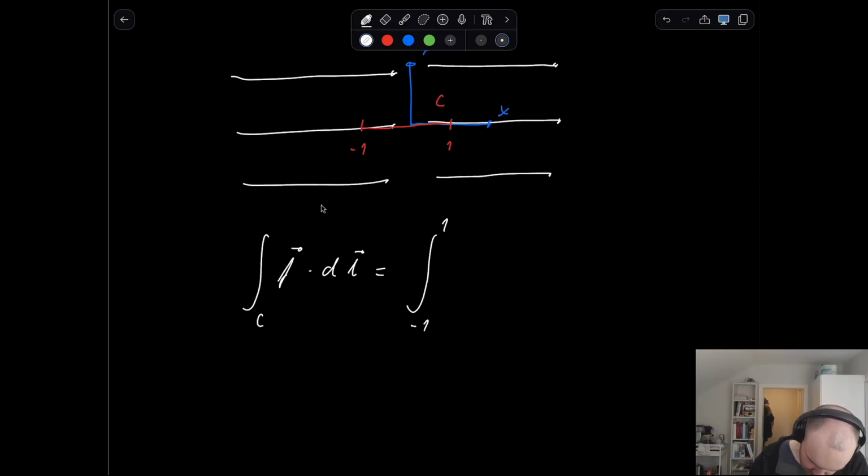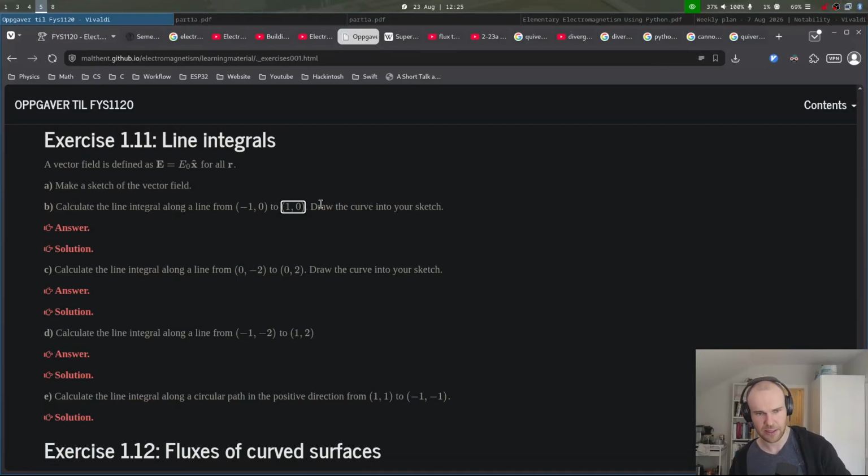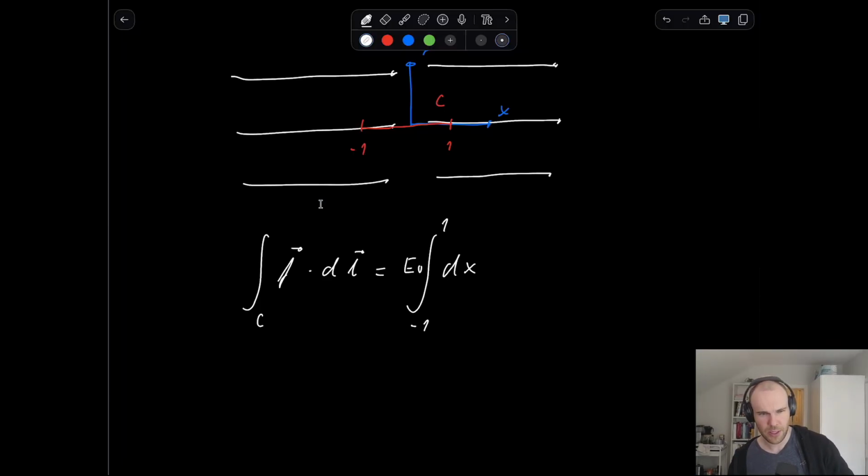The x components take care of themselves, E0 goes on the outside, and we just have dx from -1 to 1. That's 1 minus -1, which is 2. So you get 2 E0, just like that.